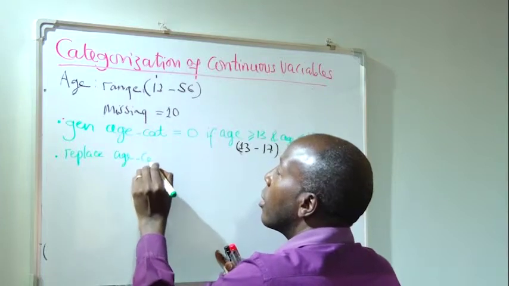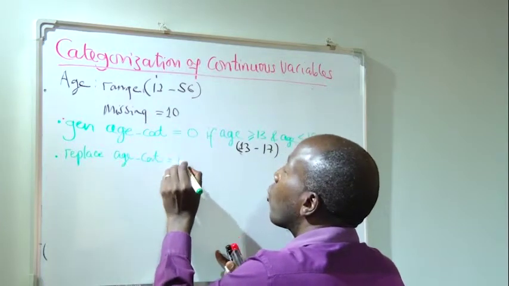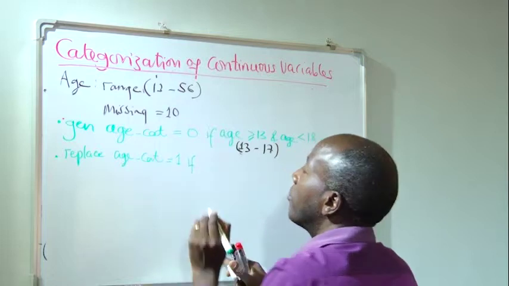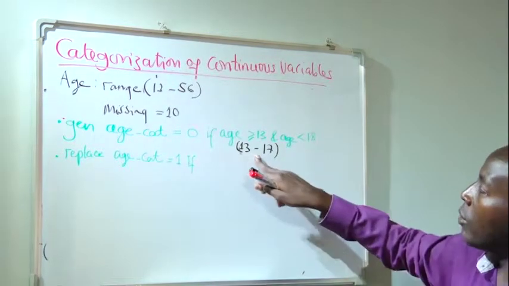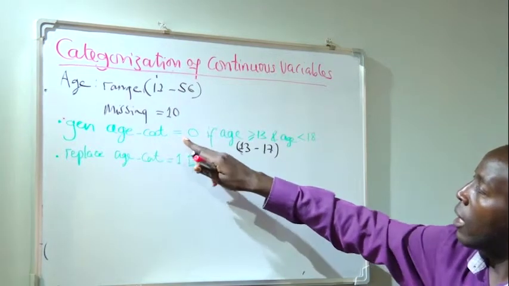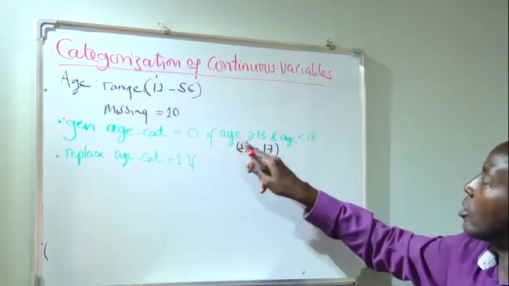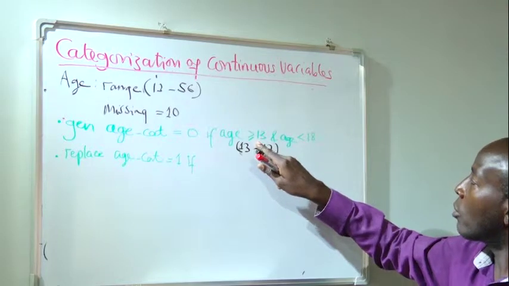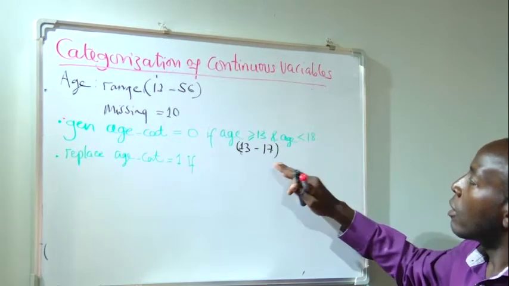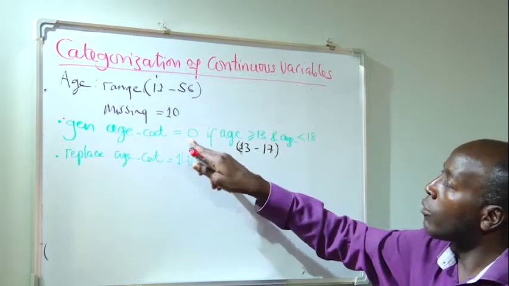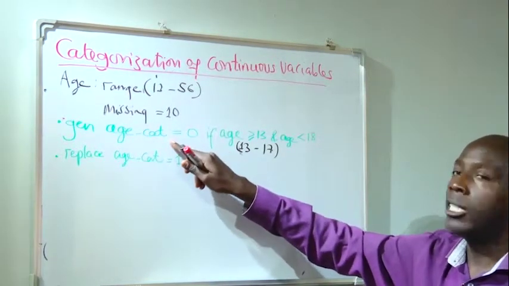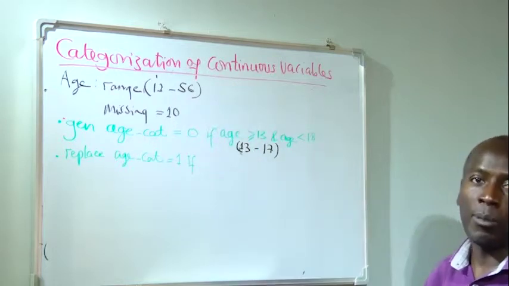So say replace age cat is equal to 1 if, and the reason we say replace is because anybody, when you say generate age cat is equal to 0 if age is greater or equal to 13 and less than 18, everybody who satisfies this criteria, Stata is going to give them 0 for age cat, but everybody else is going to be missing.